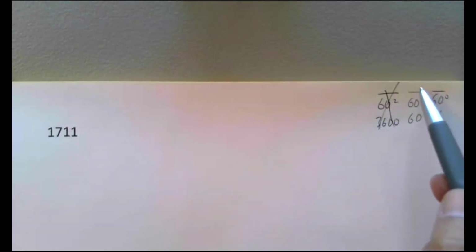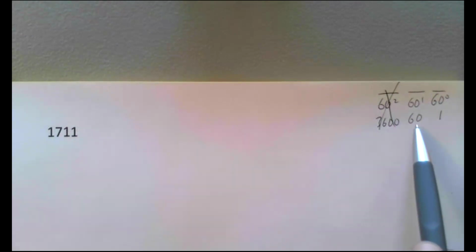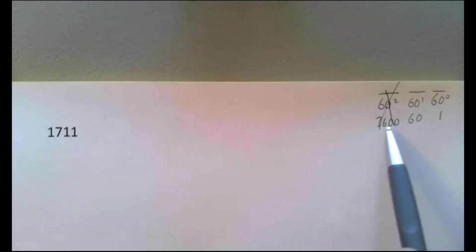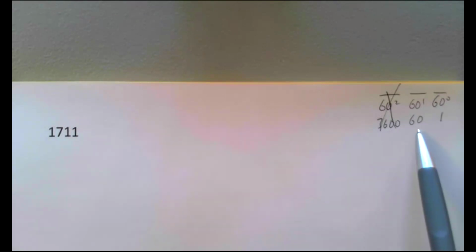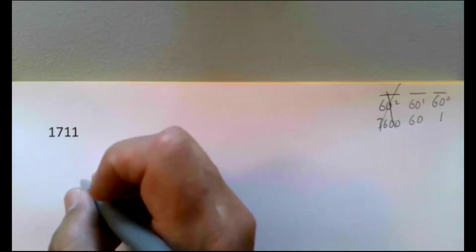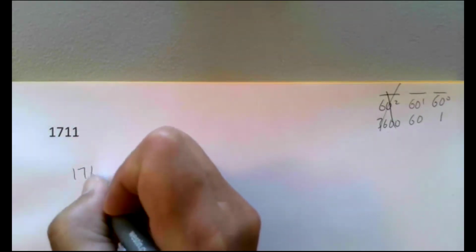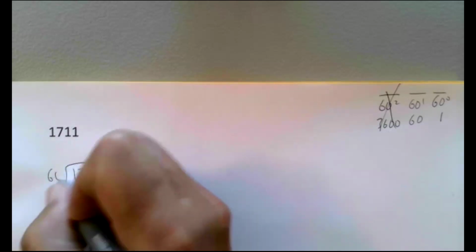That means this is only going to take up 2 place values, not 3. So I start by dividing 1711 by 60. I don't need to divide by 3600 because 3600 doesn't fit into there. Okay, so go ahead and do 1711 divided by 60.